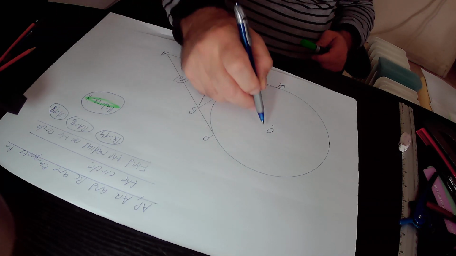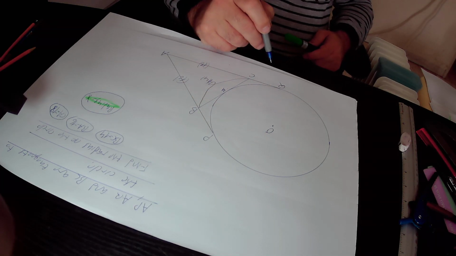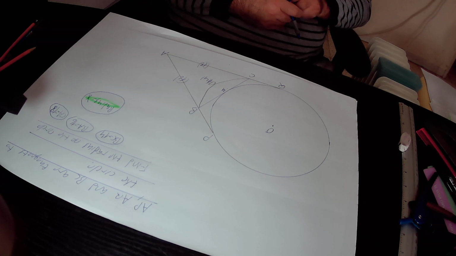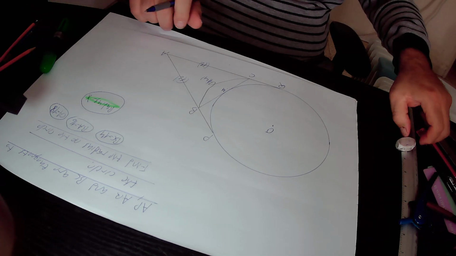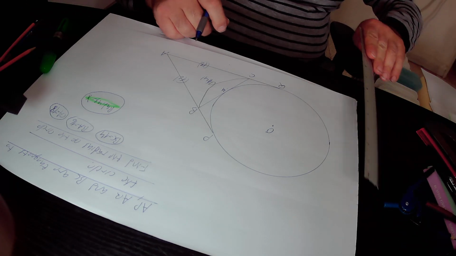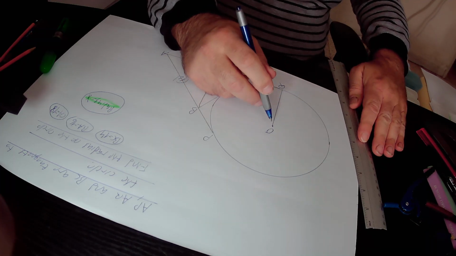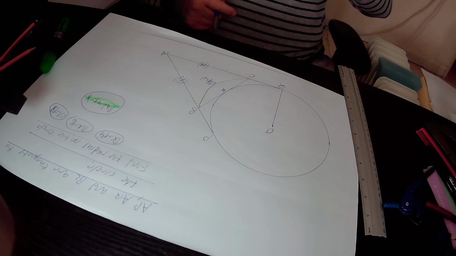In the next step, we join points O and Q together by a straight line. Point Q is the point of tangency of tangent AQ with this circle. Point O is the center of this circle, point Q is a point of the circle itself, therefore OQ is the radius of this circle.